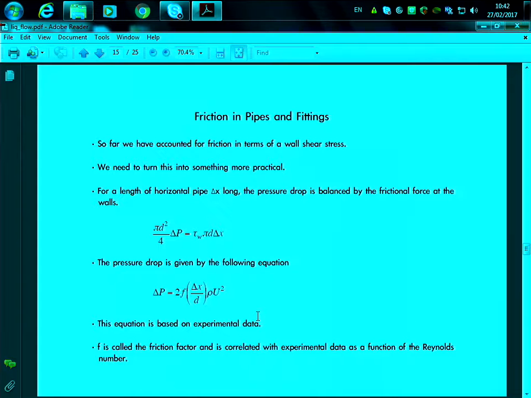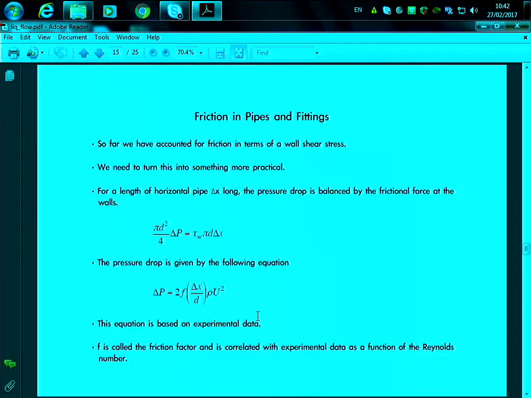So basically, the changes in pressure because of friction losses, how much pressure you're going to lose in your system, is given by the friction factor multiplied by L over D. L is delta X, the length that we are going through the pipeline, times density times V squared, the velocity of the system.